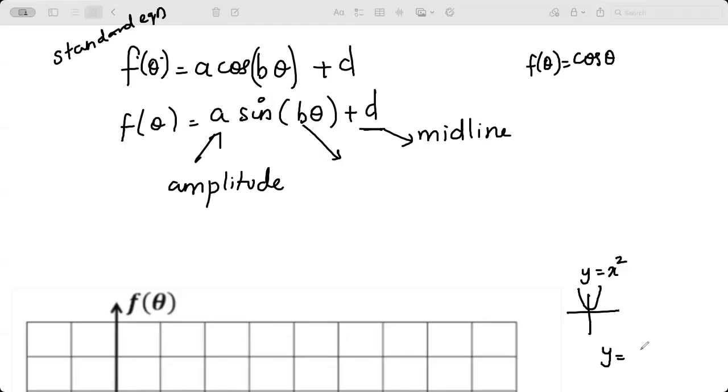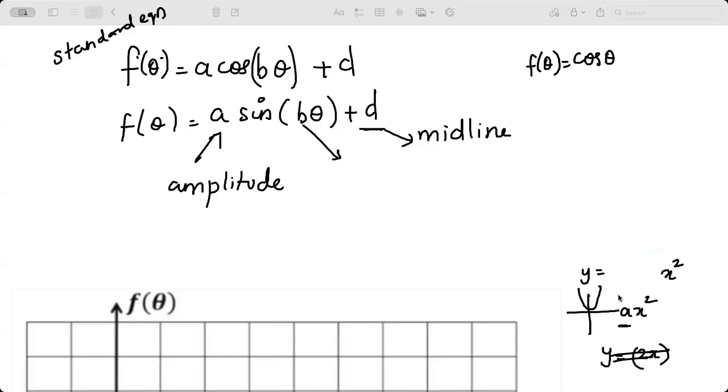We brought in a factor, which can be a or b: a x square equal to y, so a was multiplied to the y values. Otherwise, it can also be y equal to 1 by b x, the whole square. If it was inside, it was a stretch or a compression on the horizontal axis. If it was outside, it was a stretch or a compression on the y axis. It is what we studied.